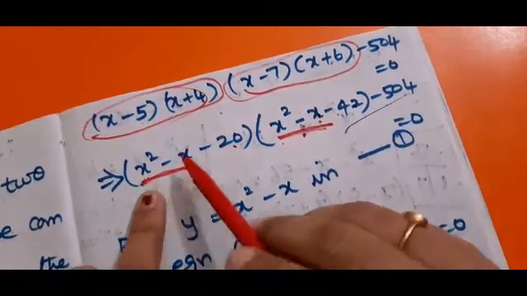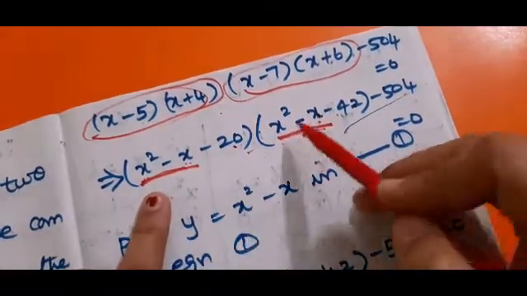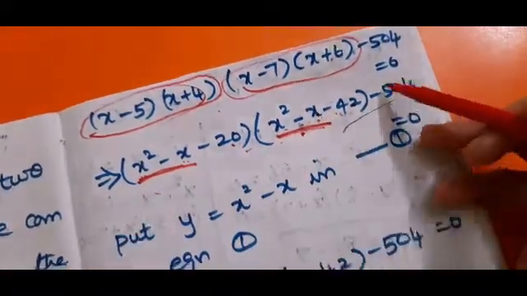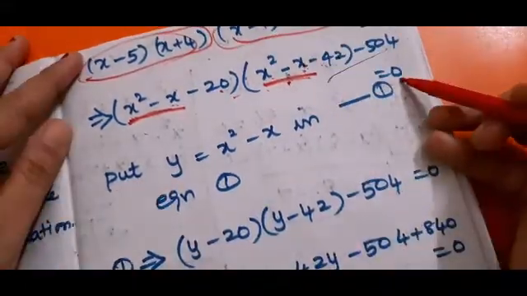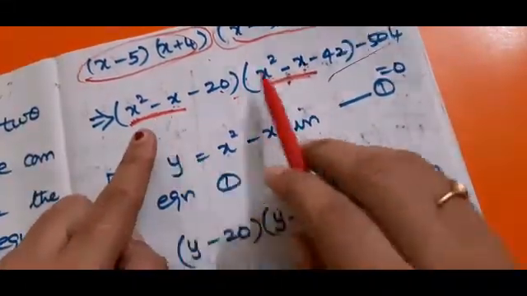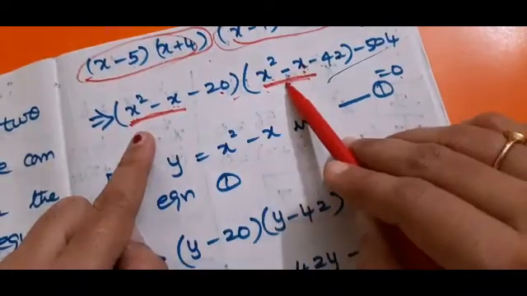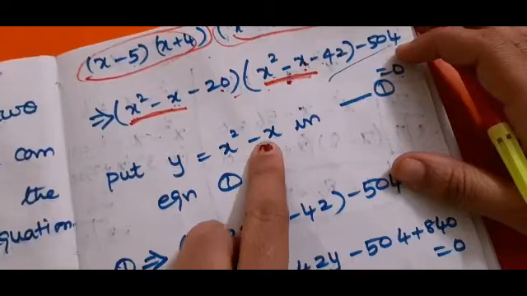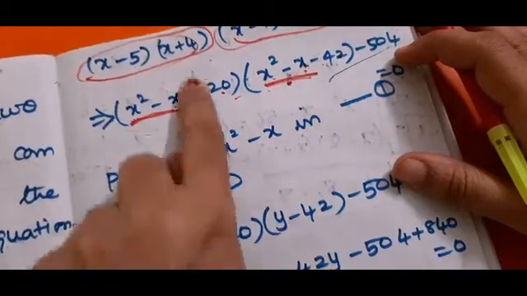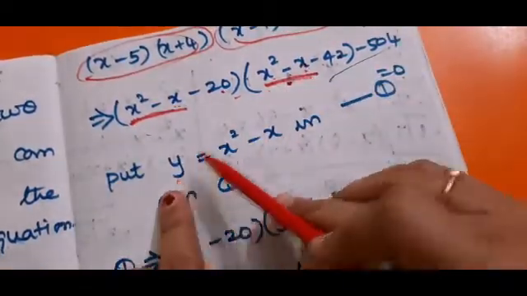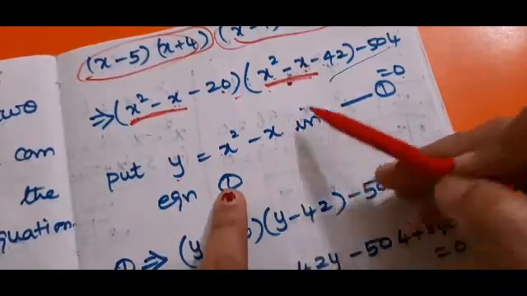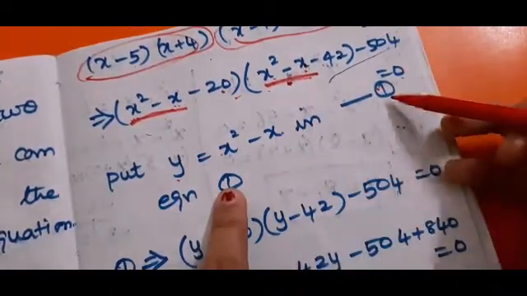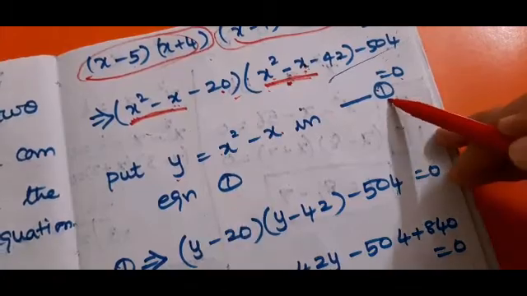Okay. So (x² − x − 20)(x² − x − 42) − 504 = 0. Now after getting the two quadratic expressions, we are going to substitute y = x² − x. I can take this as the first equation.